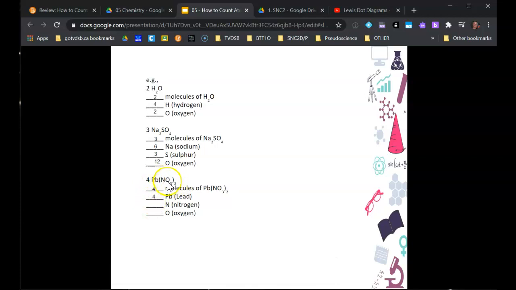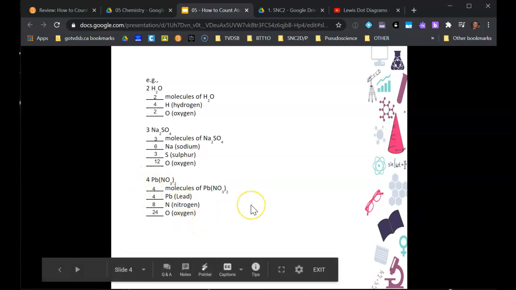In 1 molecule, I have 1 nitrogen times 2, because there are 2 of these clumps. So 2 times 1 is 2, but there are 4 molecules. So 1 times 2 times 4 is 8 nitrogen. And then I have 3 oxygen inside the brackets. Outside the brackets, I have a 2, so that means I have 2 times 3, that's 6. And then I have to multiply by the 4, so that means I've got 24 oxygen total.